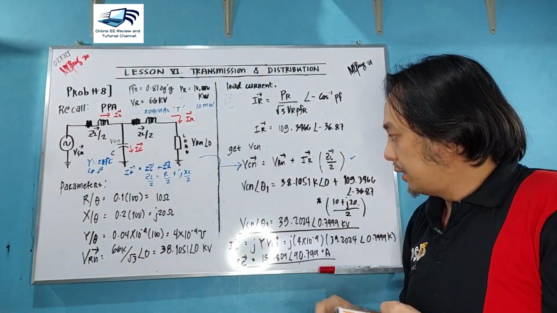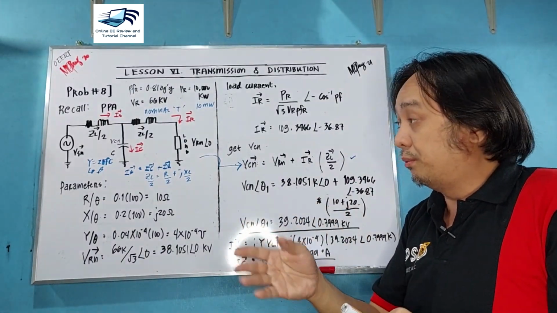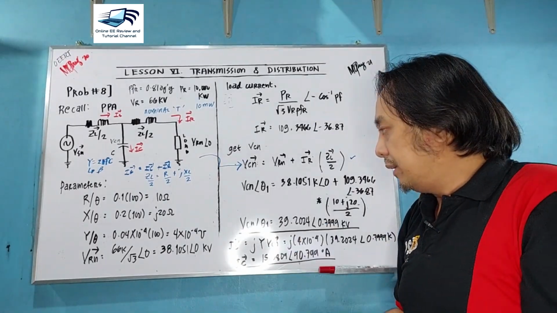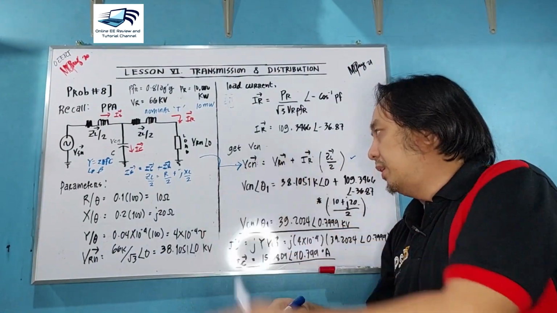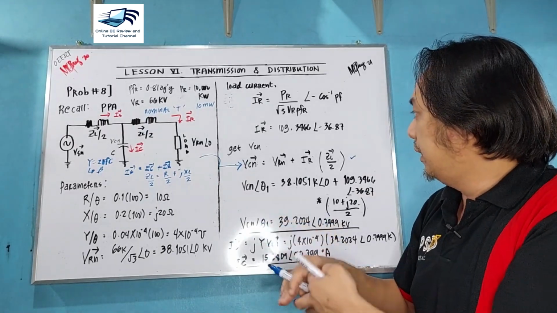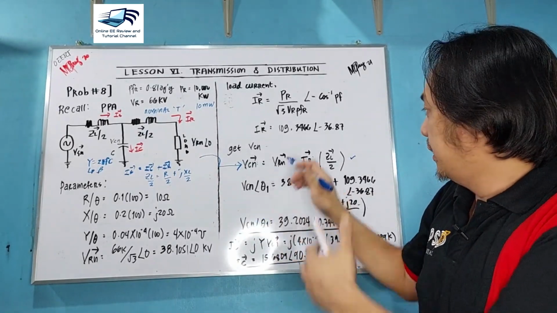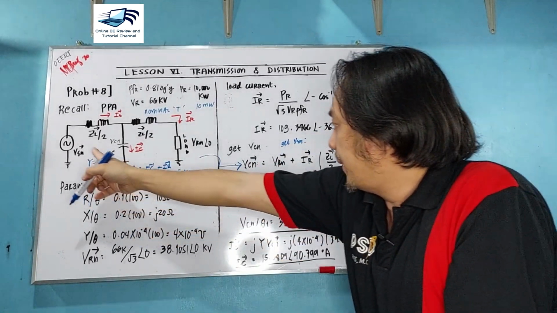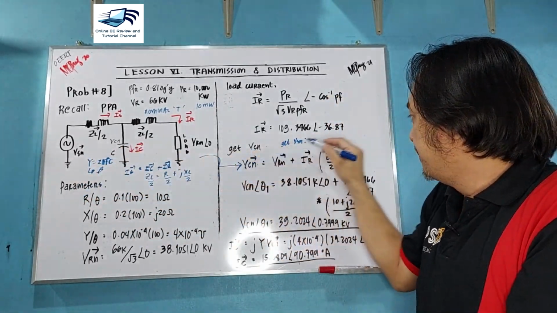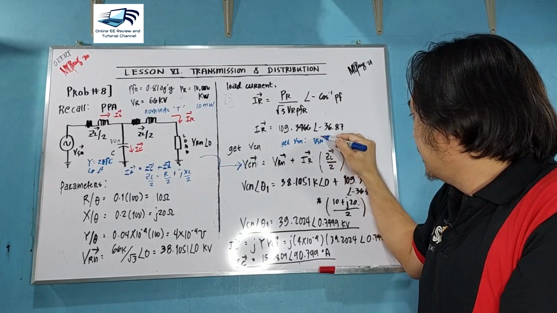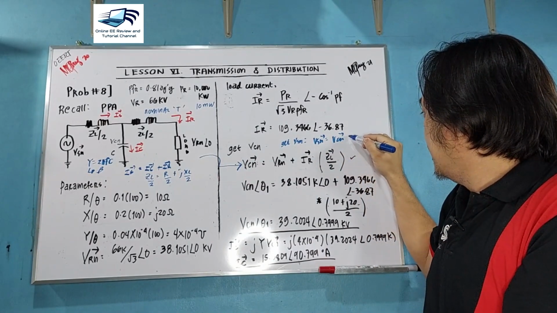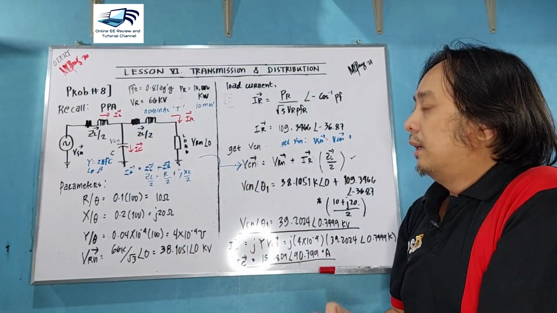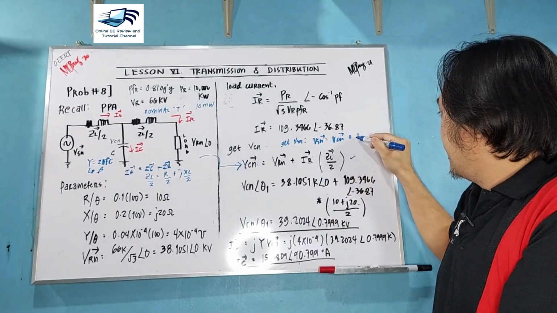Another relationship that you need to know is the voltage at the sending end. Definitely, we need to have that in order to get the parameters at the sending end. And it's pretty clear, VSN is equal to VCN plus the drop here, definitely that is IS times ZL over 2.